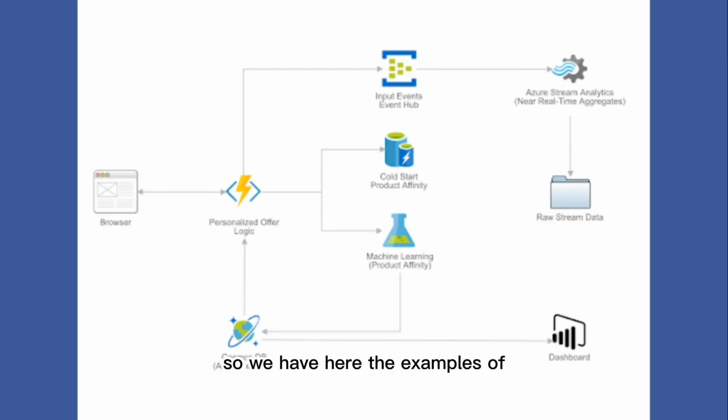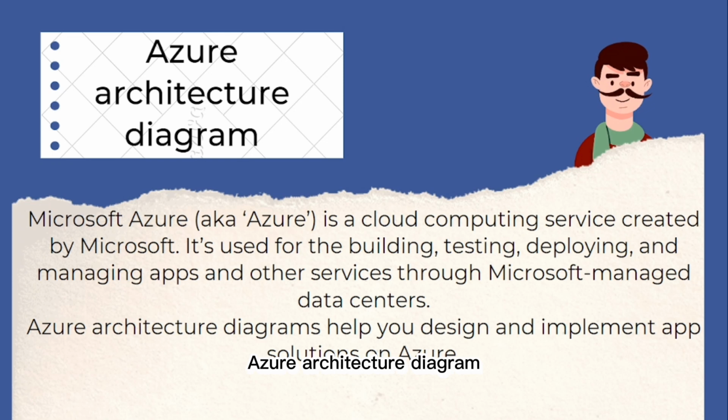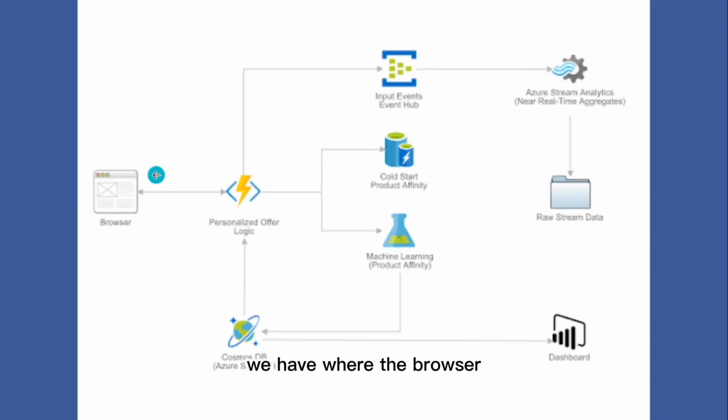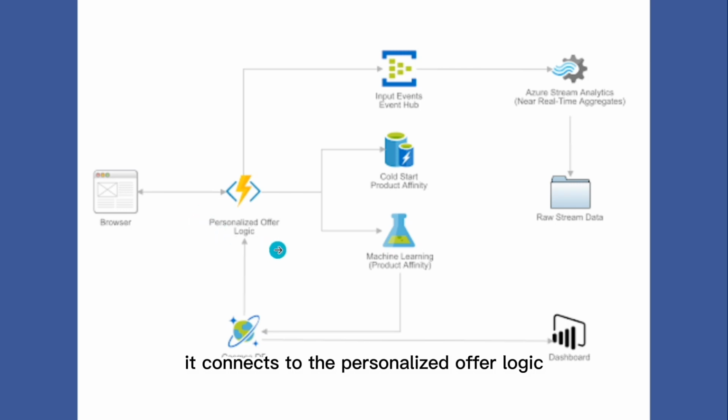So we have here an example of an Azure architecture diagram. We have the browser. From the browser, it connects to the personalized offer logic, and then it will be connected to the cold start product affinity and to the machine learning product affinity.